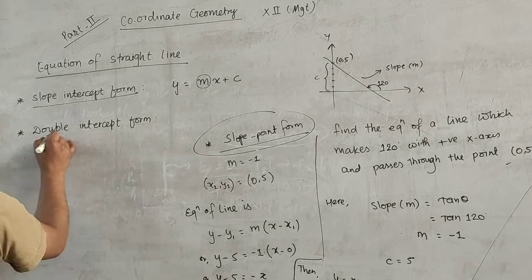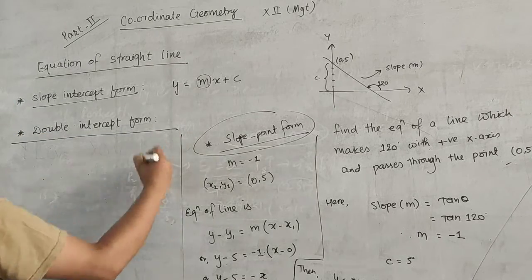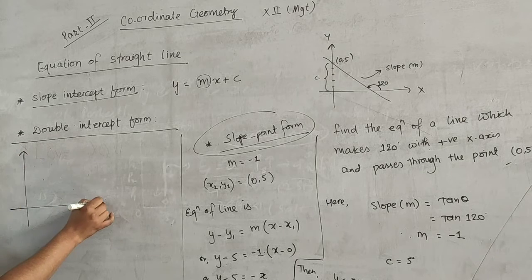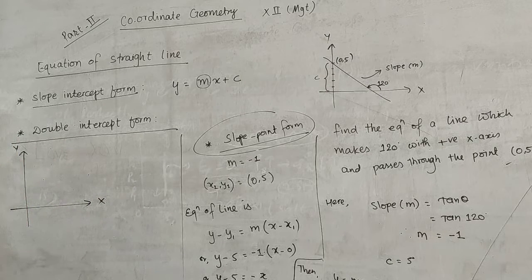Now here is the double intercept form. What is that double intercept form? Simply double intercept, both intercepts made by the line with x-axis and y-axis as well. For example, here is x-axis and it is y-axis. If there is a line which makes 1, 2, 3 units to the positive side of x-axis, positive 3 units, and 1, 2, 3, 4, 5, positive 5 units upward.